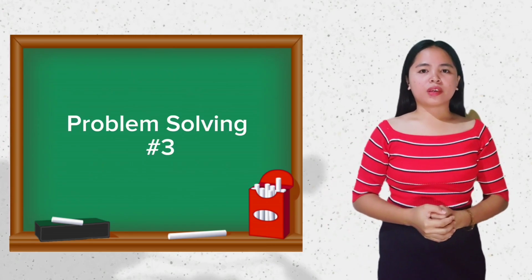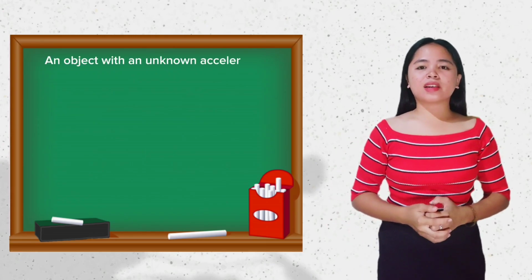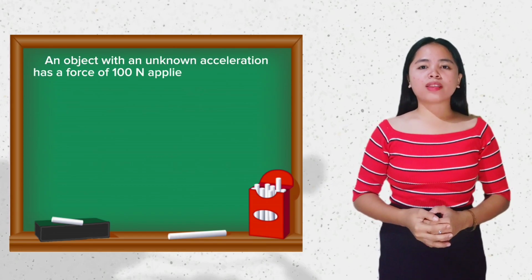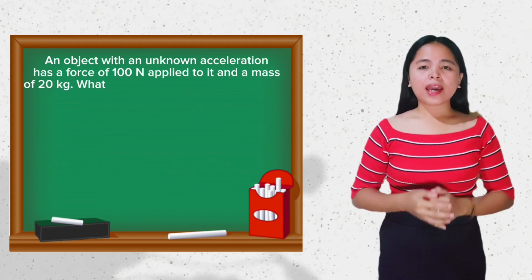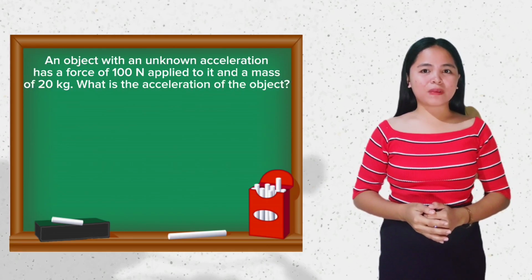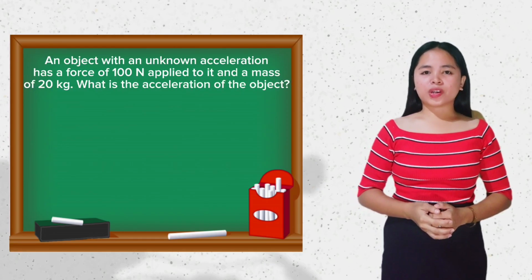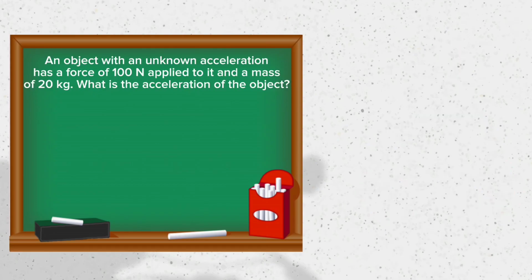Problem number 3. An object with an unknown acceleration has a force of 100 newtons applied to it and a mass of 20 kilograms. What is the acceleration of the object? The given in this problem are force, which is 100 newtons, and mass, which is 20 kilograms.